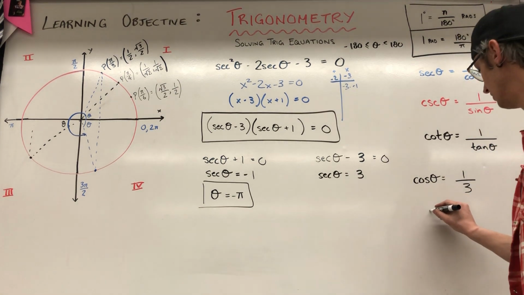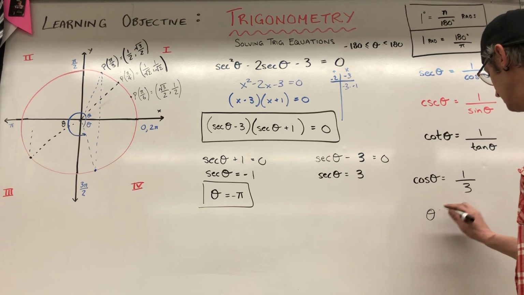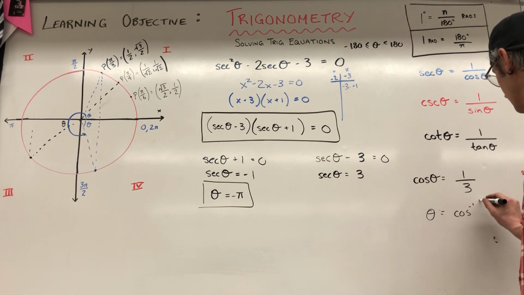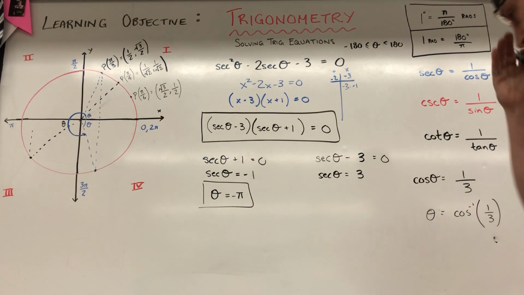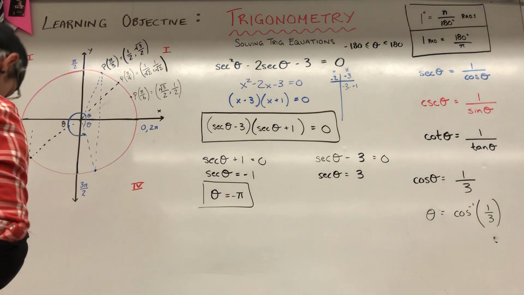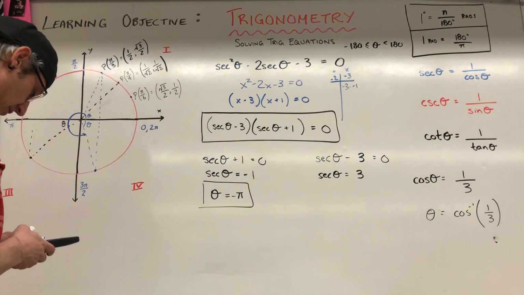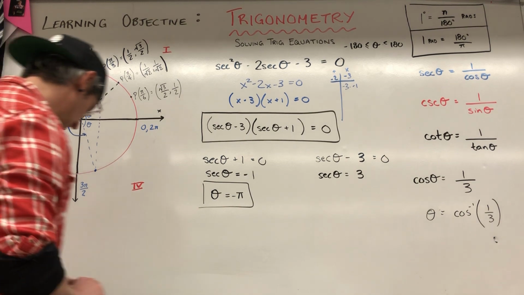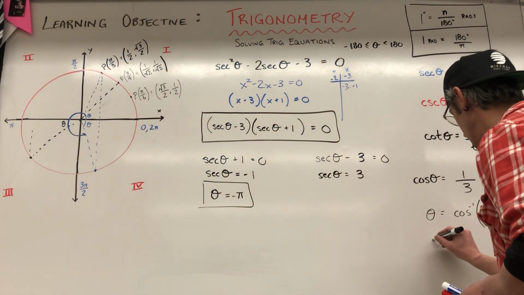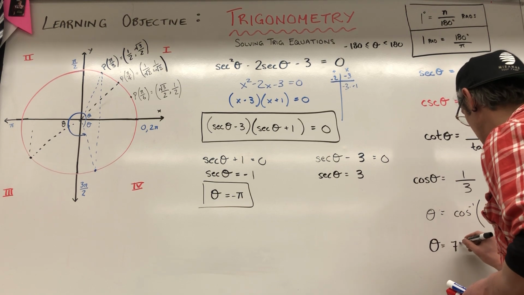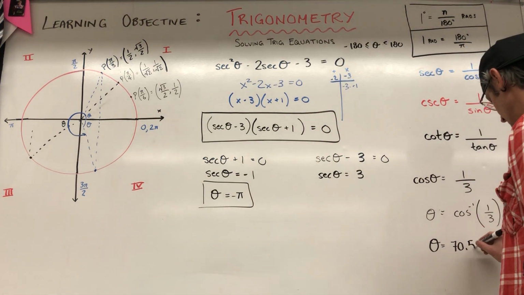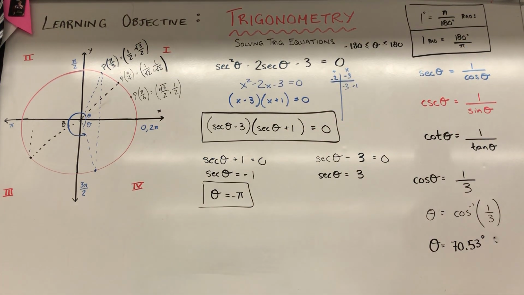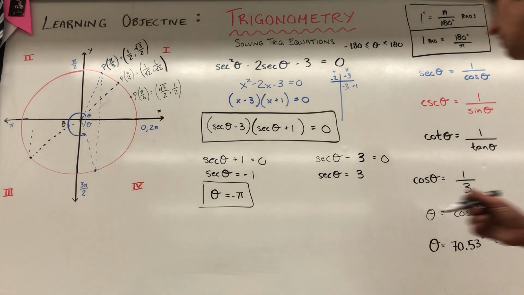So theta is equal to the cos inverse of 1 over 3. Cos inverse of 1/3 gives me 70.53 degrees, because my calculator is working in degrees right now.